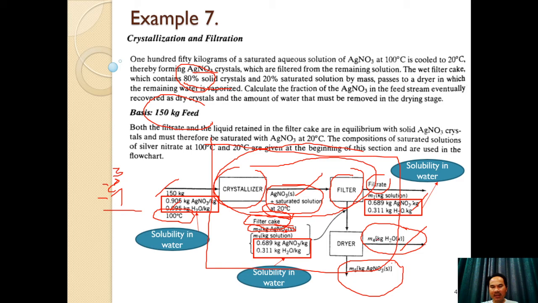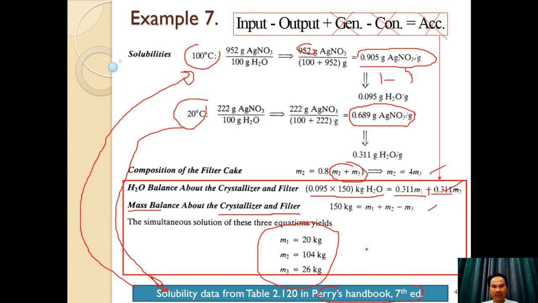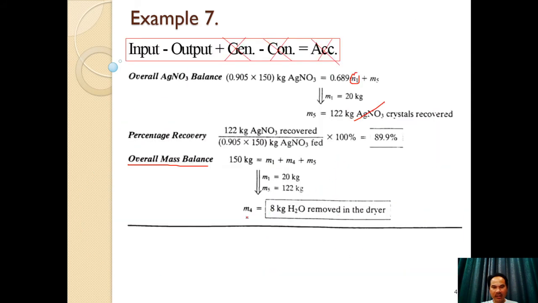You can calculate the amount of water evaporated for each kilogram of water removed in the dryer. Also, you can calculate the percent recovery. Percent recovery is the silver nitrate crystal out divided by silver nitrate feed. Silver nitrate crystal out is M5.